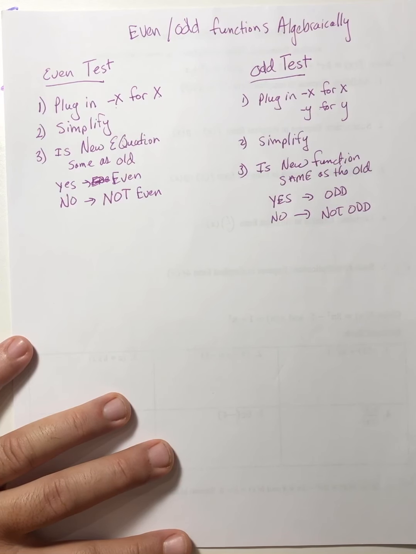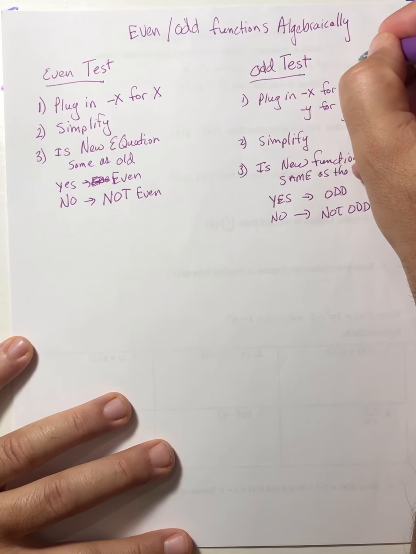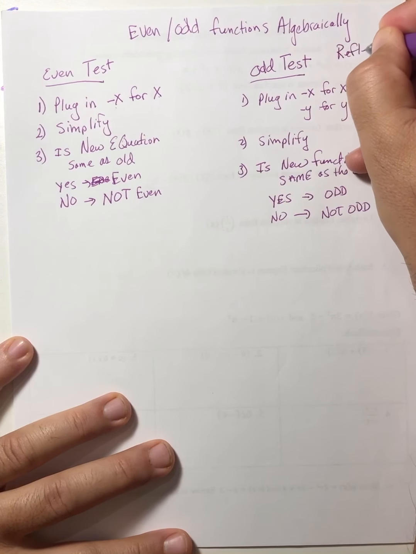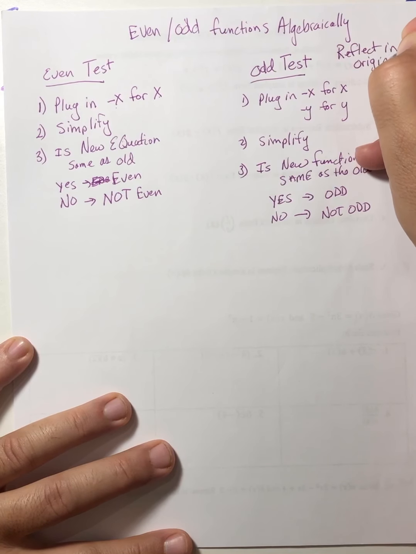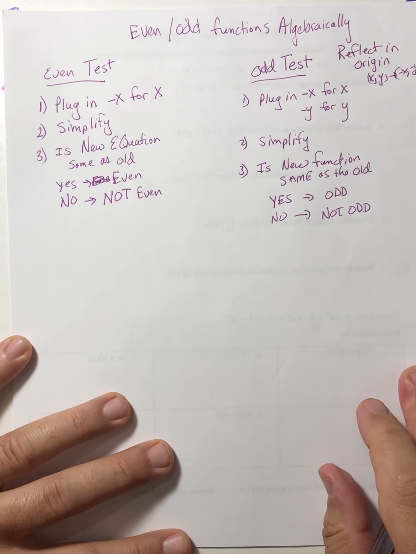And remember, an odd function is a reflection in the origin. That's your x, y becoming negative x, negative y.